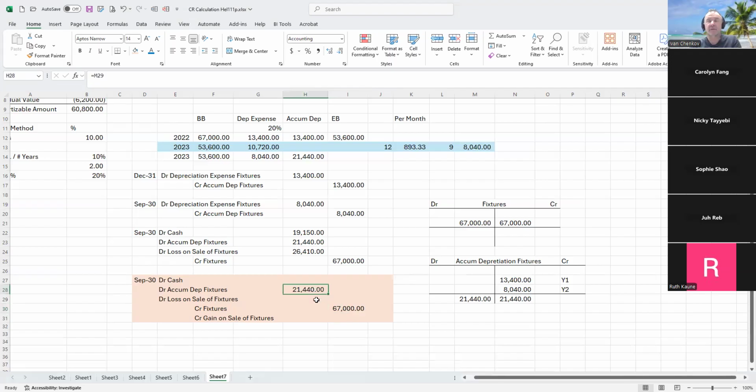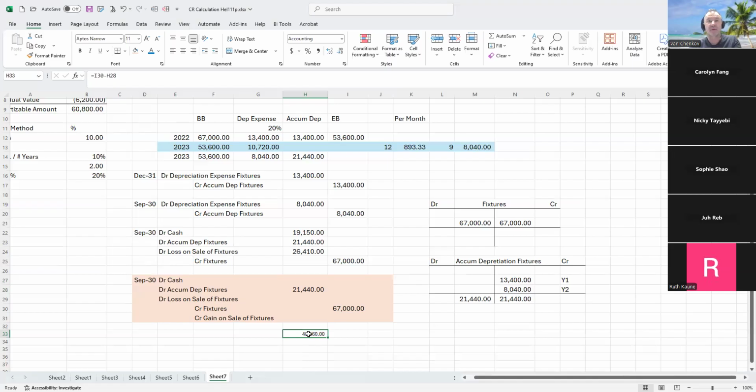We know that we paid $67,000 for something. We use it and we deduct $21,400 for the usage, deducted as an expense. So how much is left to deduct? 45,560. At this point, the question is, if I sell it, how much am I going to get?